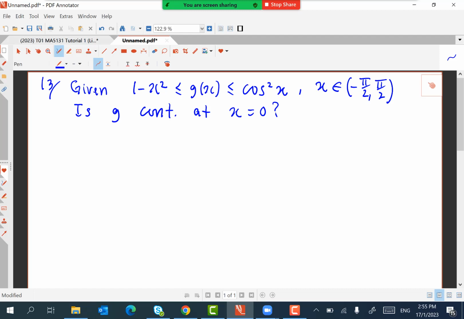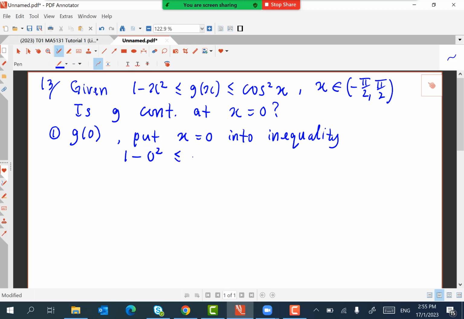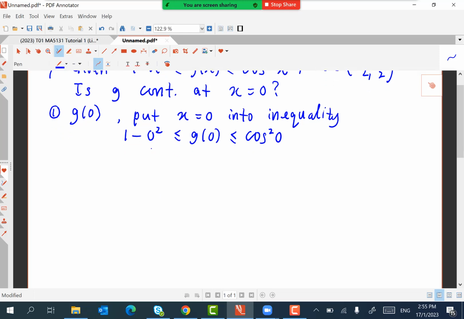Like those other occasions, the first thing we need to do is find g(0). How do you find g(0)? All you do is put x = 0 into the function given to you, and you get 1 minus 0 squared, cos squared 0.